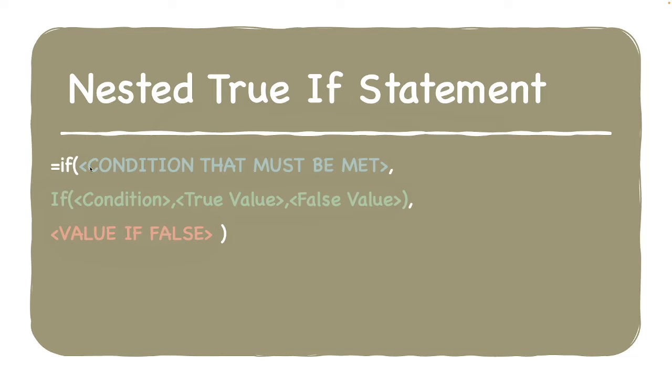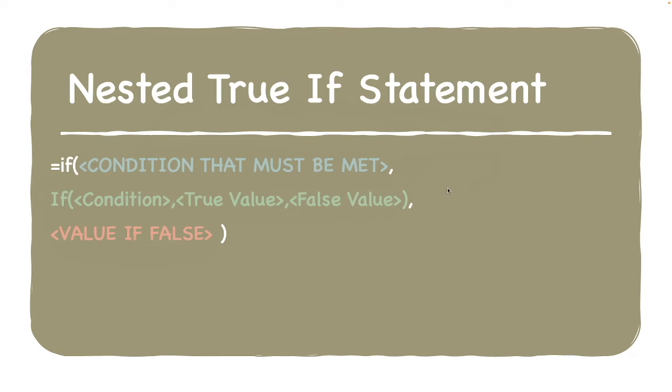What this will do is check to see if this condition is met. If it's true, it will run another if. Okay, if that condition has been met, then check for another condition, and then return true, return false. Now, unlike some other programming interfaces, maybe you're using Python or whatever, where you can actually break out formulas by line, Excel doesn't do that.